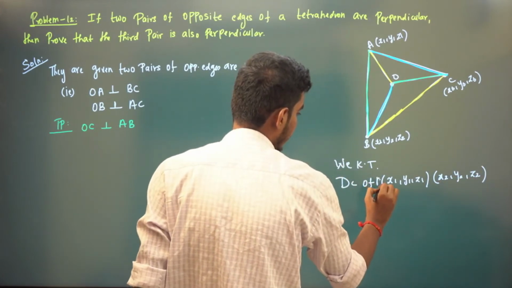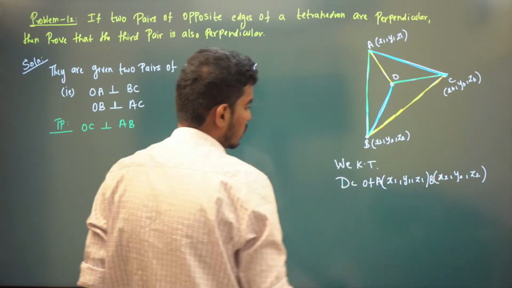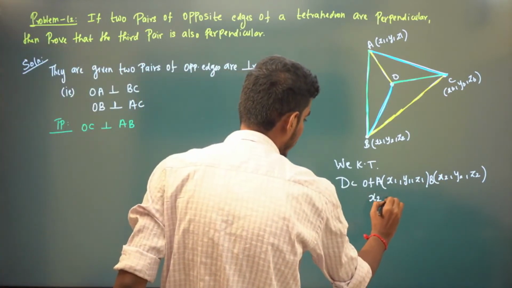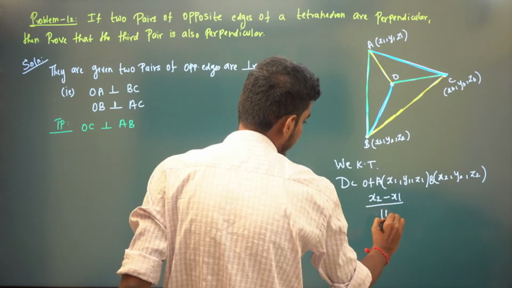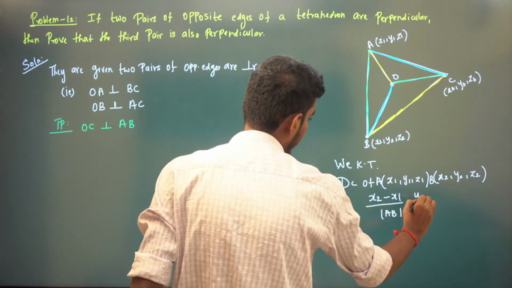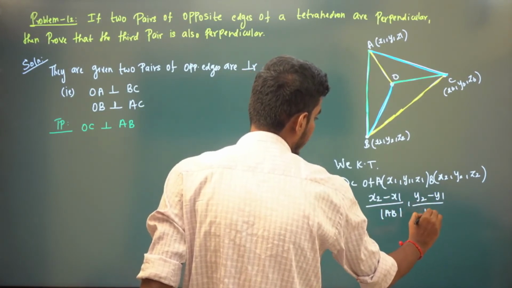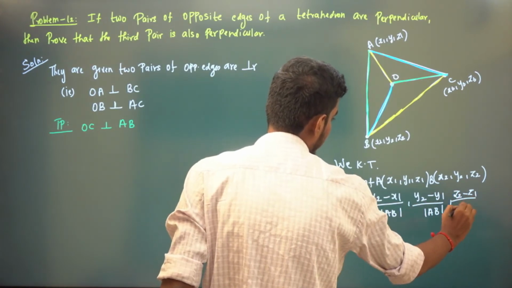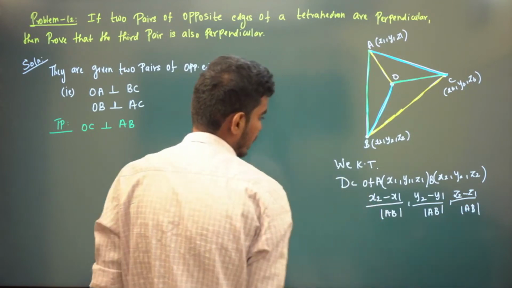Let us call them A and B. It is nothing but x2 minus x1 divided by length of AB, y2 minus y1 divided by length of AB, z2 minus z1 divided by length of AB. This is the direction cosine.